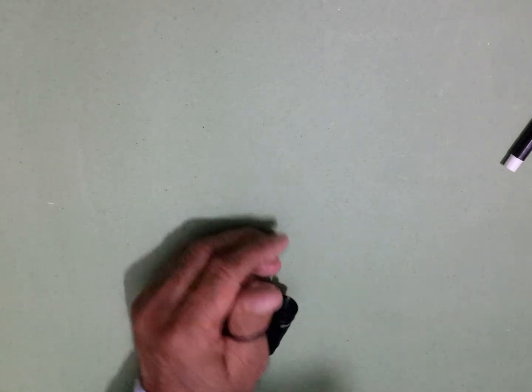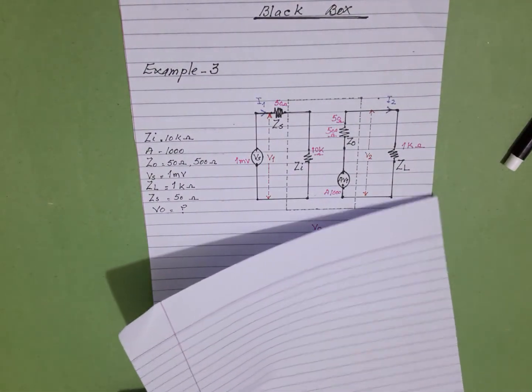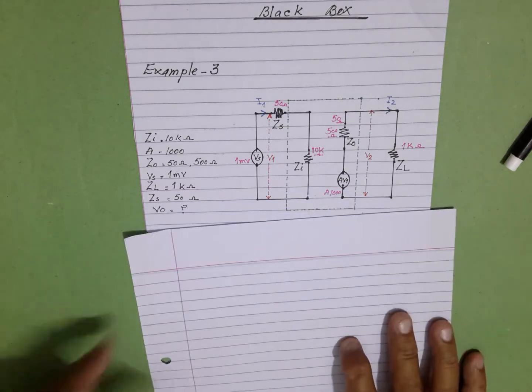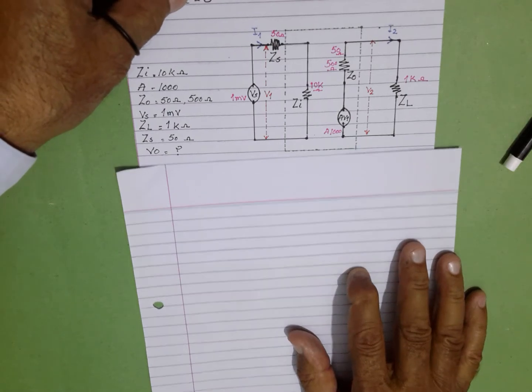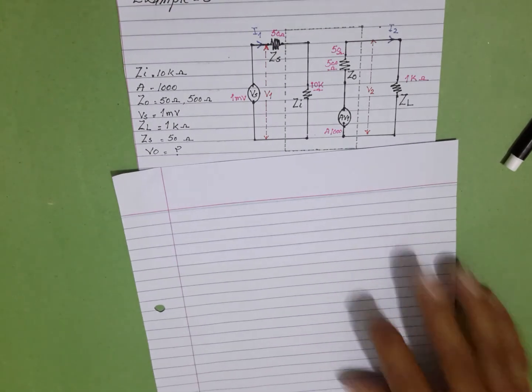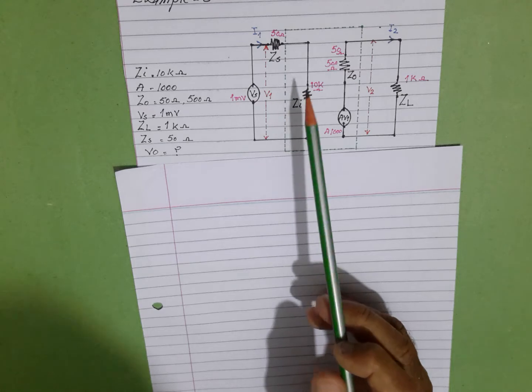Now coming to the third numerical. This is the third example, a black box.